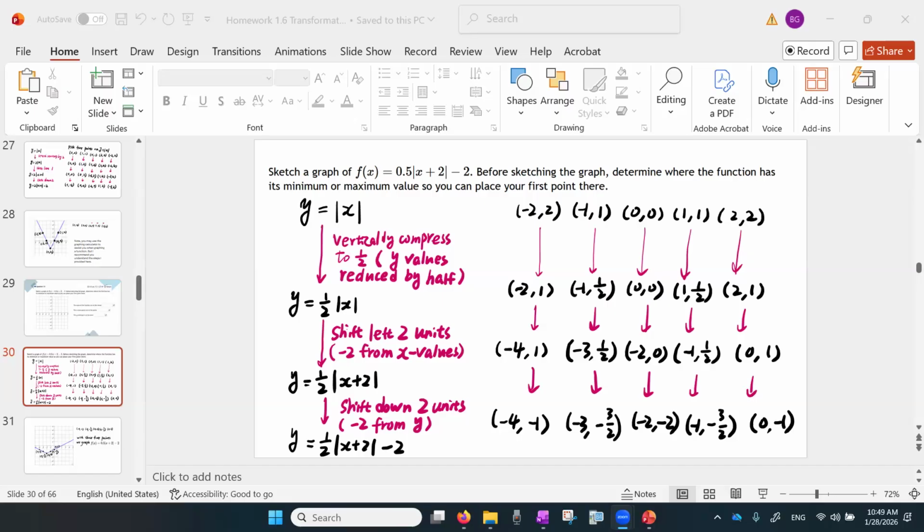It will reduce to half of the original, right? And then since here is plus 2 to x, as you can see, I'm pointing to it, plus 2 to x, that means shift to the left. Here, you minus 2 from the entire function. That means vertically down 2 units.